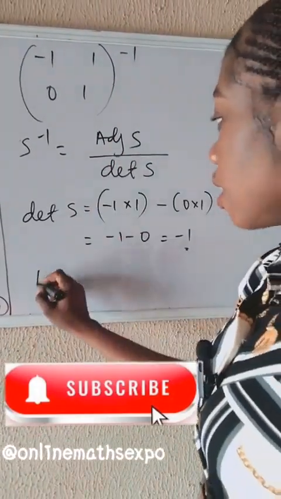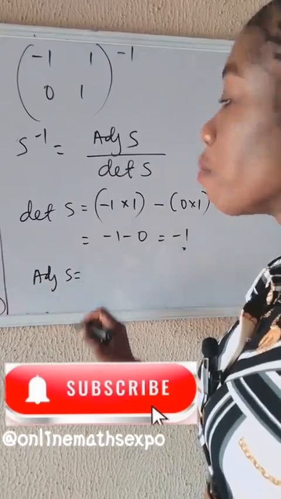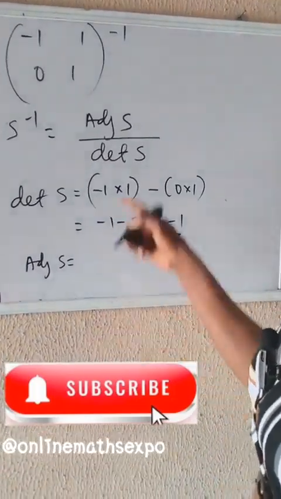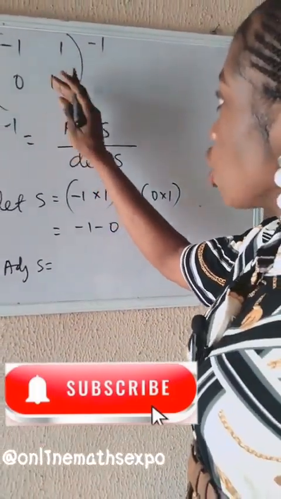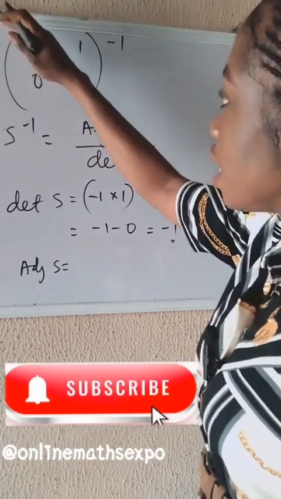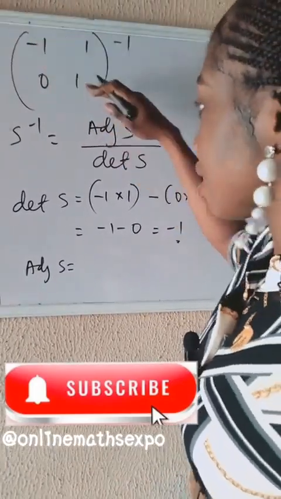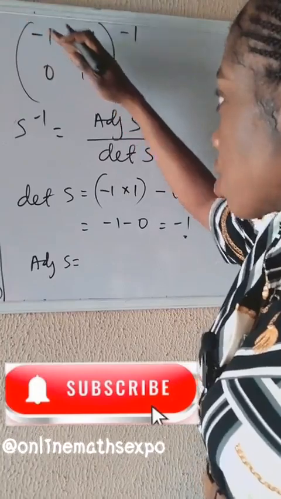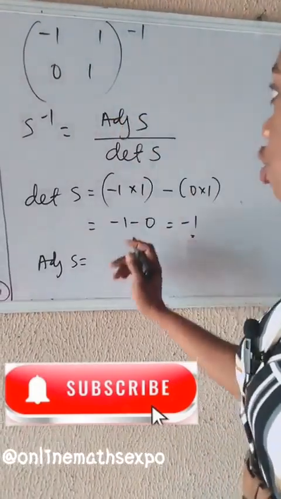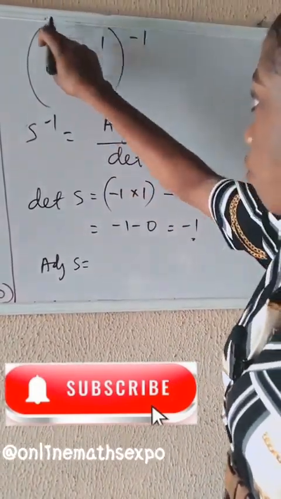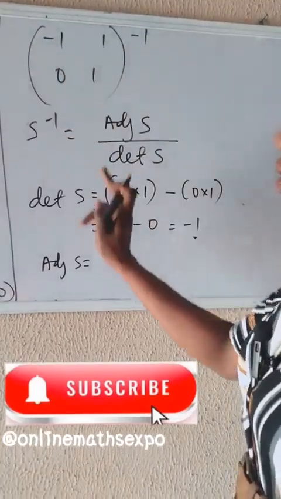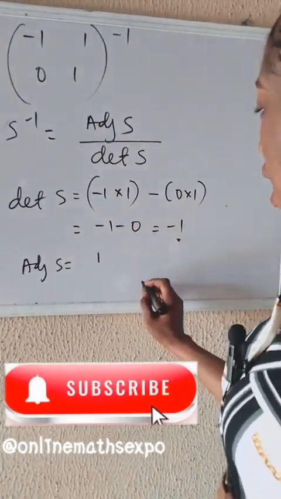Now how do we get the inverse? The adjoint. The adjoint of this matrix is very simple. The adjoint of matrix S means to interchange the leading diagonal. This is the leading diagonal, so we're going to interchange it. When you interchange it, 1 will come over, minus 1 will come down, so we're going to have 1 and minus 1.